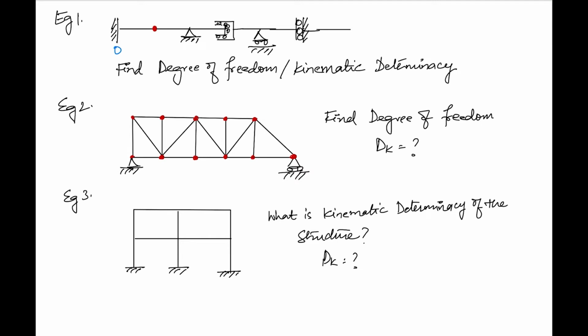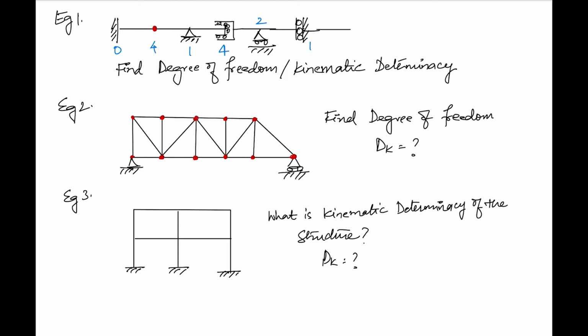For the internal hinge we have seen it is 4. For the hinge support it is 1. For the horizontal shear joint it is 4. For the roller support it is 2, and for the vertical shear joint hinge support it is 1.